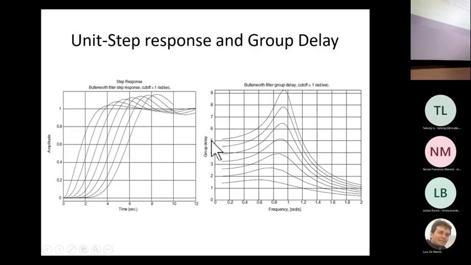Similarly, the group delay, which represents the delay that each frequency component experiences from the input to the output, is not flat in the whole frequency range. There are some frequencies which are affected by higher delays. This means that the Butterworth filter induces some kind of distortion in the signal at the end, so it is not a perfectly linear effect.